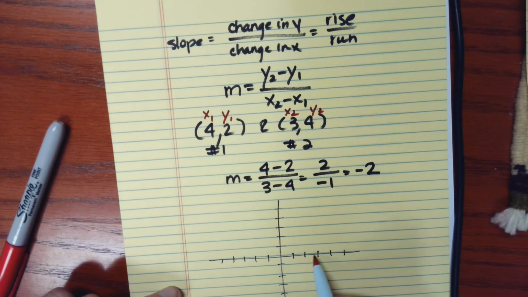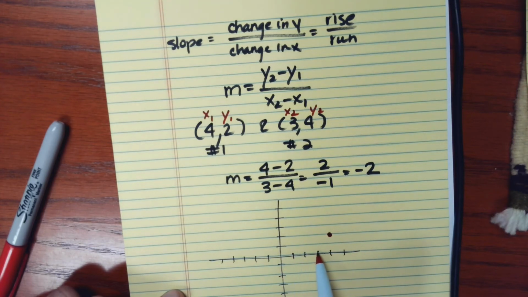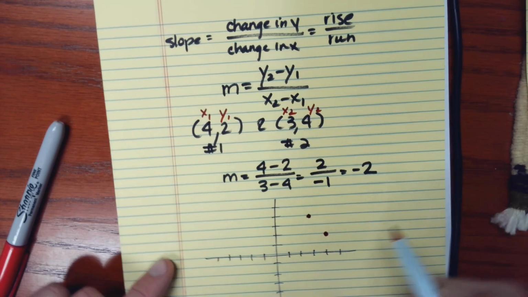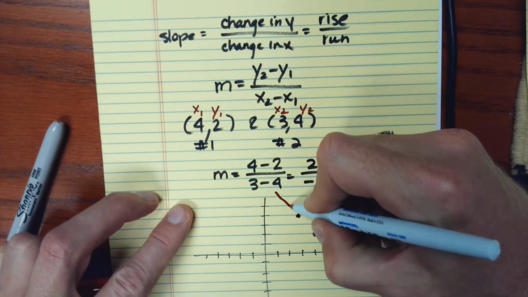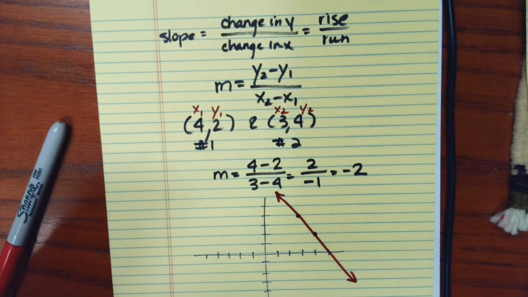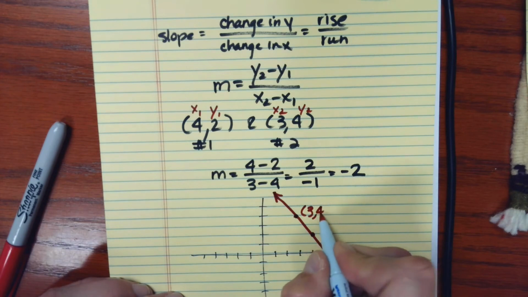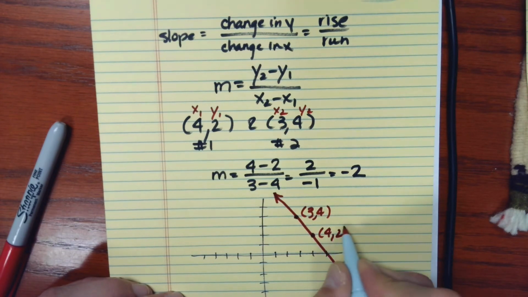So 1, 2, 3, 4, and up 2, that'd be here. And (3, 4): 1, 2, 3, and up 1, 2, 3, 4. So this is the line that goes through the points (3, 4) and (4, 2).